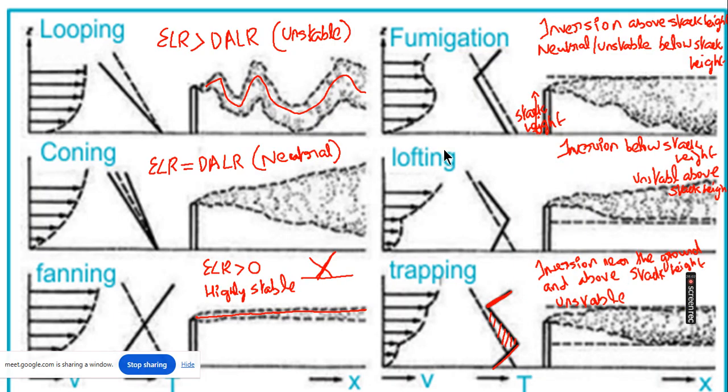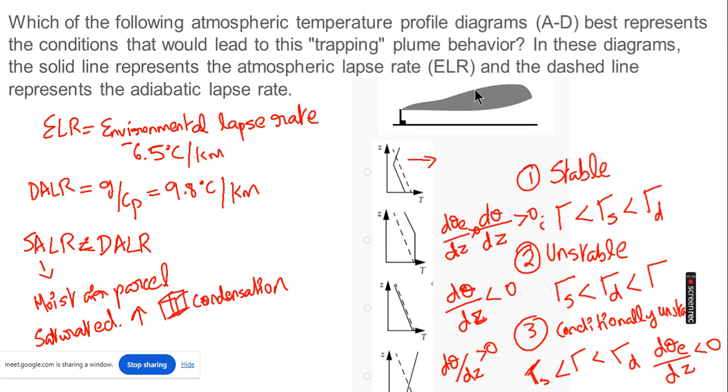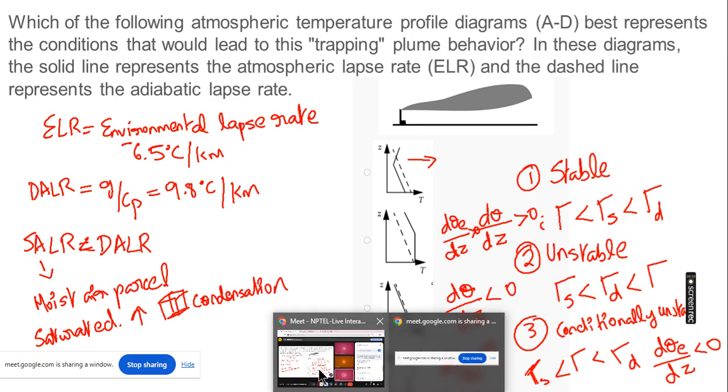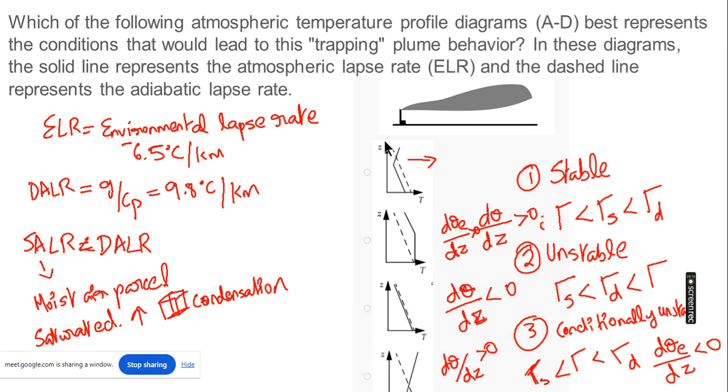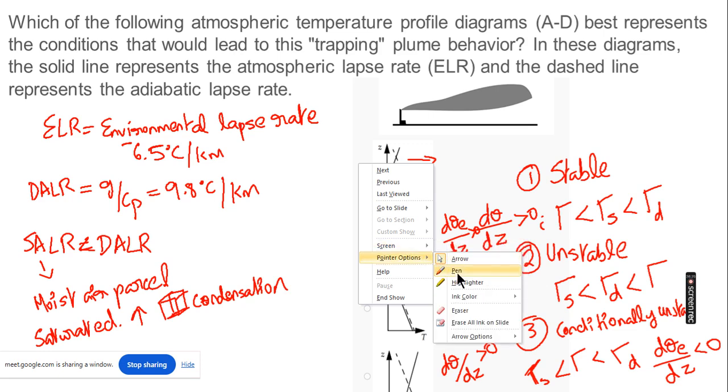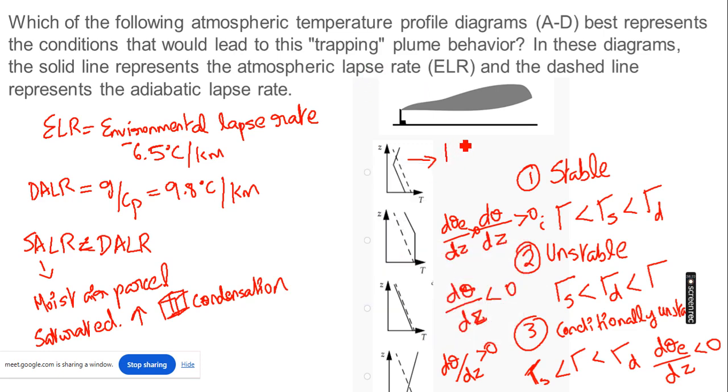So here we saw when we have an inversion layer above the stack, right? We basically have the plume behavior known as fumigation. So the dispersion will be mostly towards the ground, right? So this will basically result in what is known as fumigation.